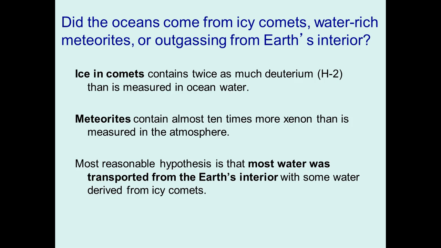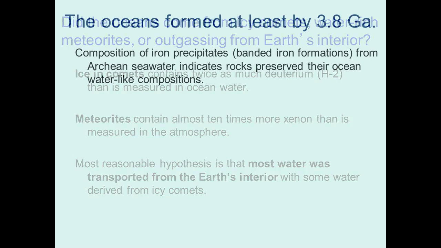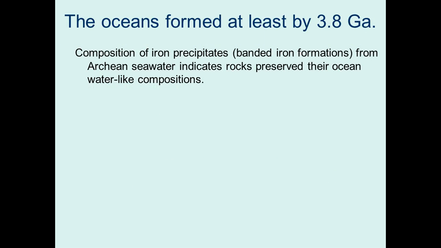Thus, the most reasonable hypothesis is that most of the water on Earth came from outgassing from the interior, and a small fraction maybe came from comets or water-rich meteorites also. Regardless of the source of the water, we know that the oceans formed on Earth by about 3.8 billion years ago.